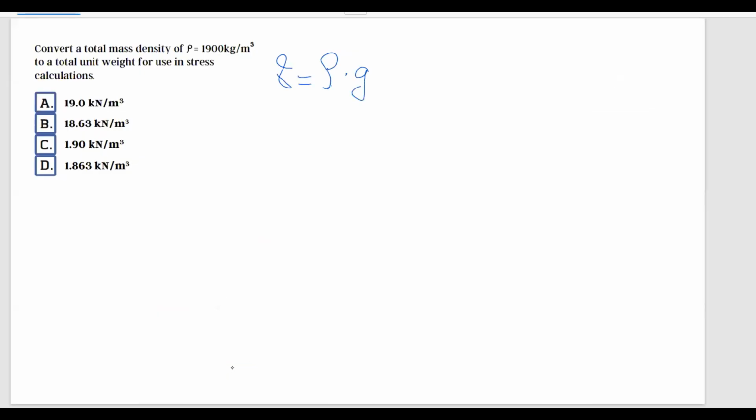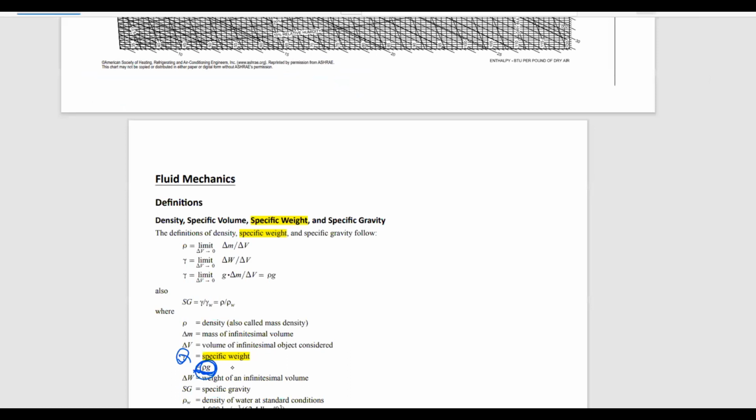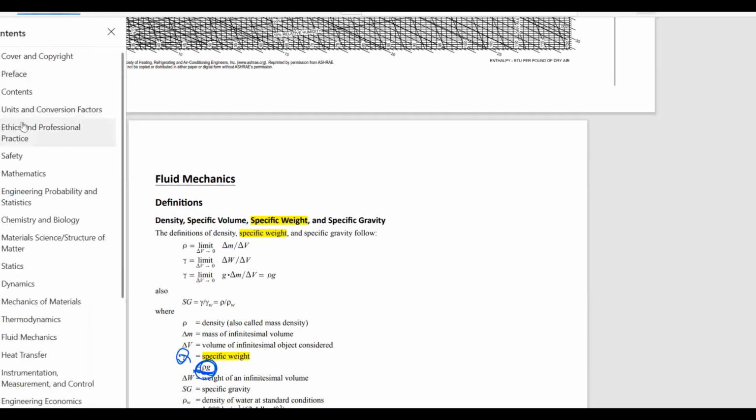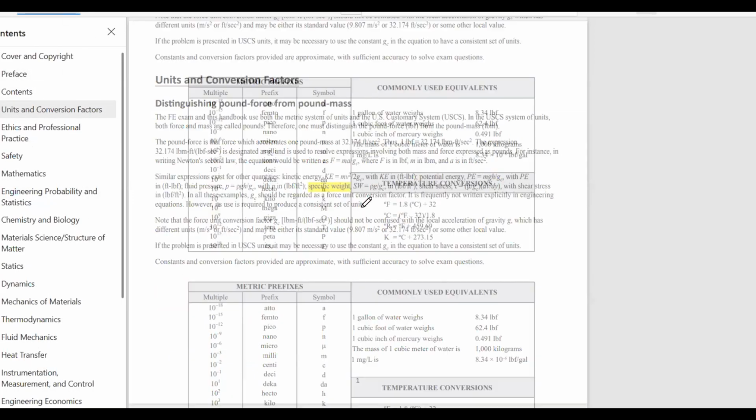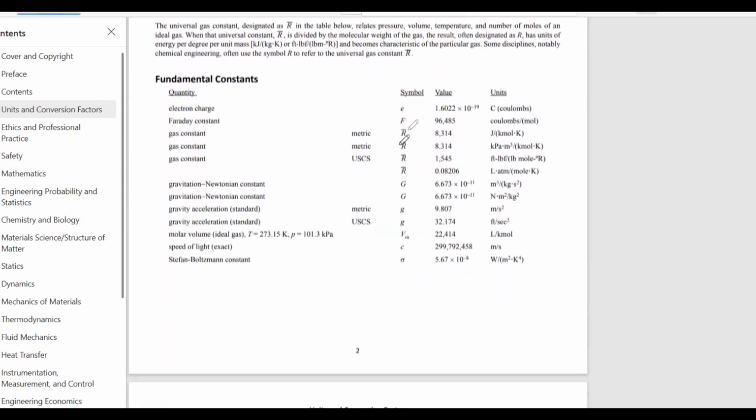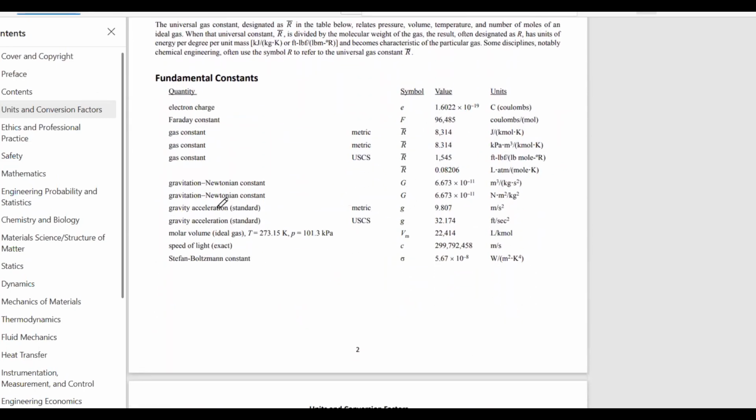We can come back to our problem, and we have that density is 1900 kilograms per meters cubed. Now, how much is acceleration of gravity g? We are working in SI units. So we're going to go back to the FE handbook, to the unit section. If you scroll down a bit, on the second page, you're going to find gravity acceleration.